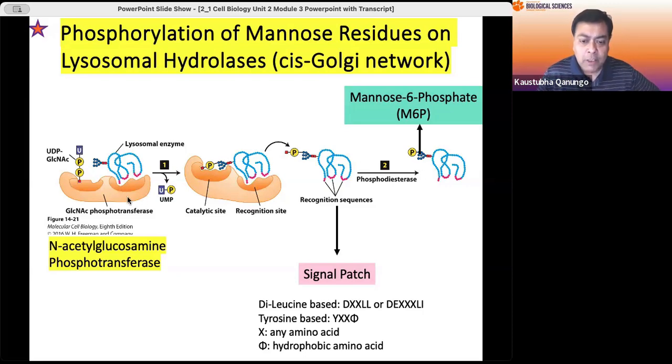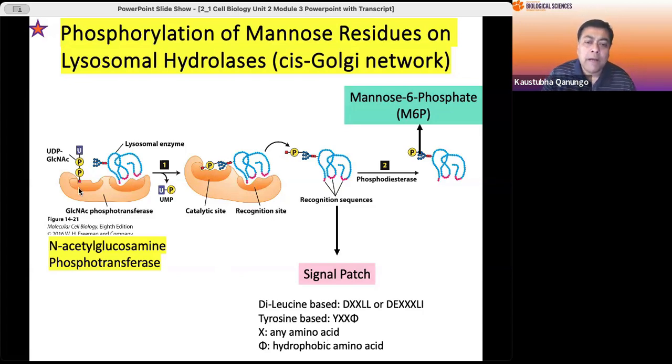So the N-acetylglucosamine phosphotransferase has two different sites. One is a recognition site for lysosomal enzymes. And see that these parts, which are in pink, are the recognition sequences. What are the different sequences? You have a dileucine-based sequence, DXXLL or DXL, or tyrosine-based. And again, you do not have to memorize any of them, but you have a recognition sequence.